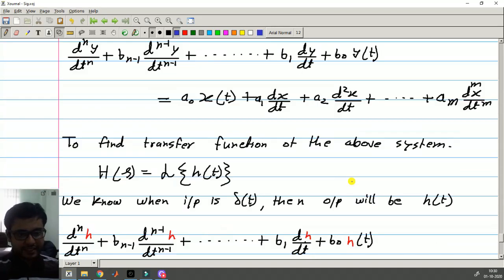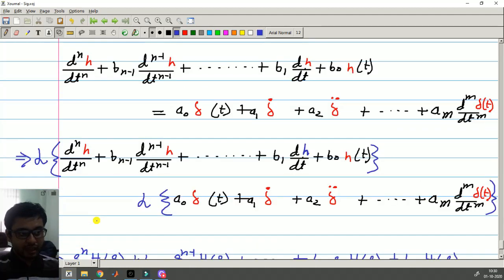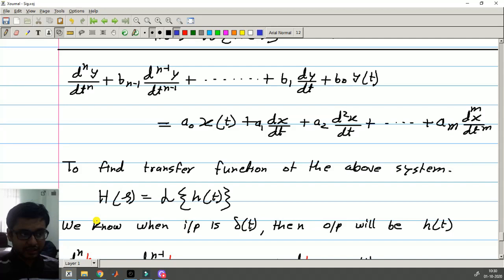So you see that it is quite easy to get the transfer function directly without calculating the impulse response first when the system is given by a differential equation like this.